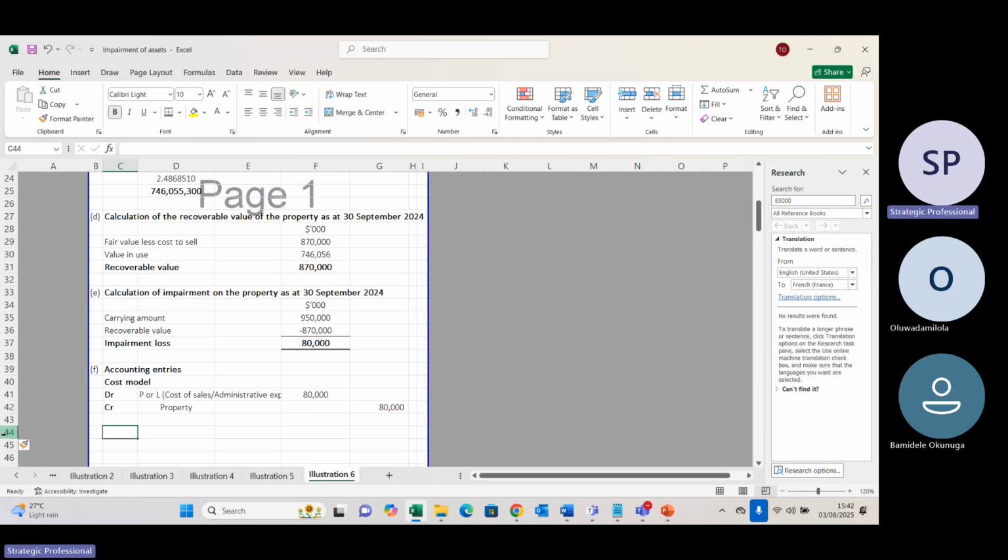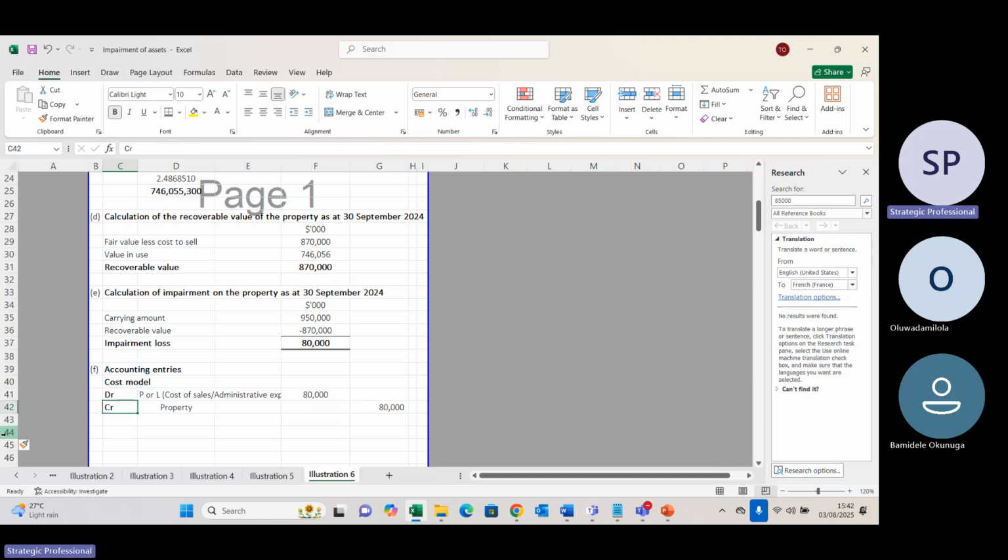Revaluation surplus is where the valued amount is more than the carrying amount. If the market value of an asset is 50, but what you are carrying in your book is 30, 50 minus 30 is 20. 20 is the revaluation surplus.